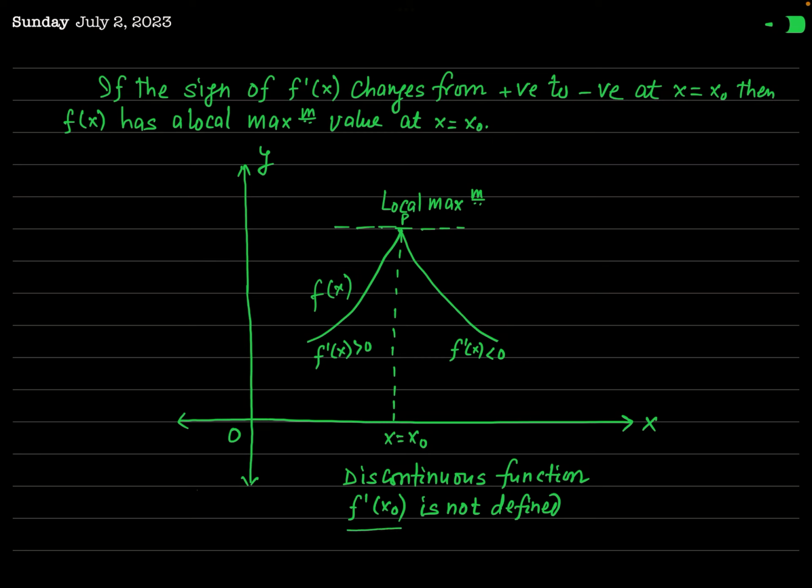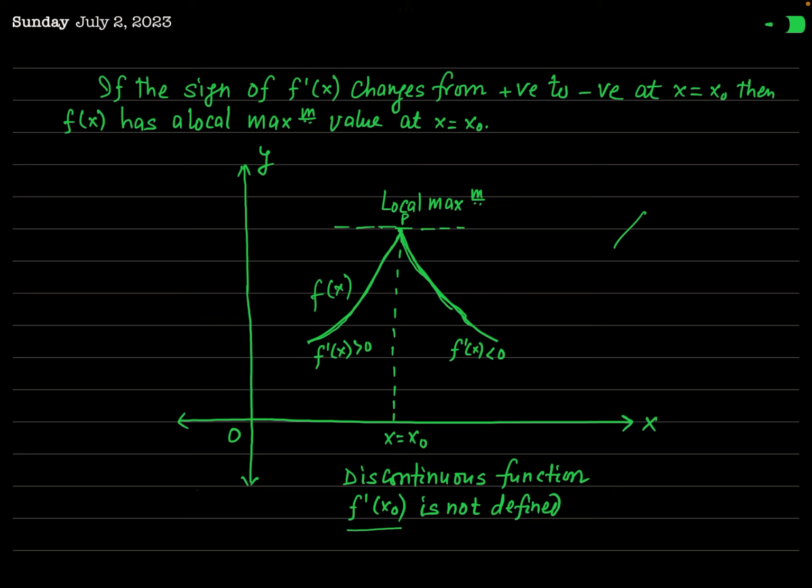It means the derivative of this function at point P is undefined, because corresponding to this point P there will be two values of slope. If you find the slope considering this part of the curve, the slope will be positive, and when you find the slope considering the other part of the curve, the slope will be negative.